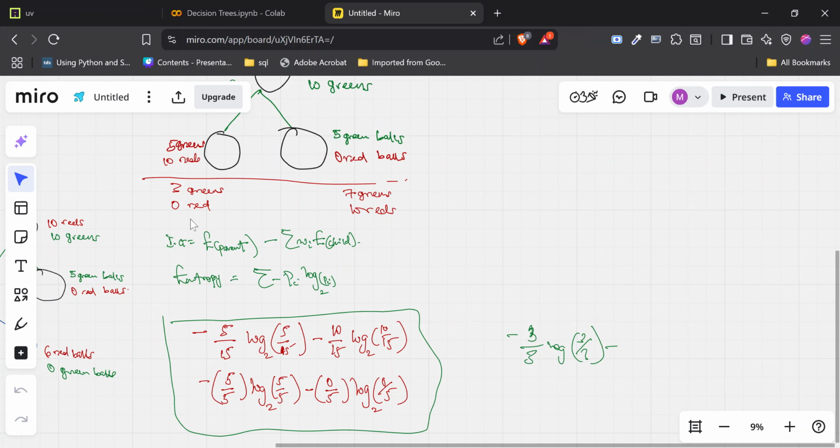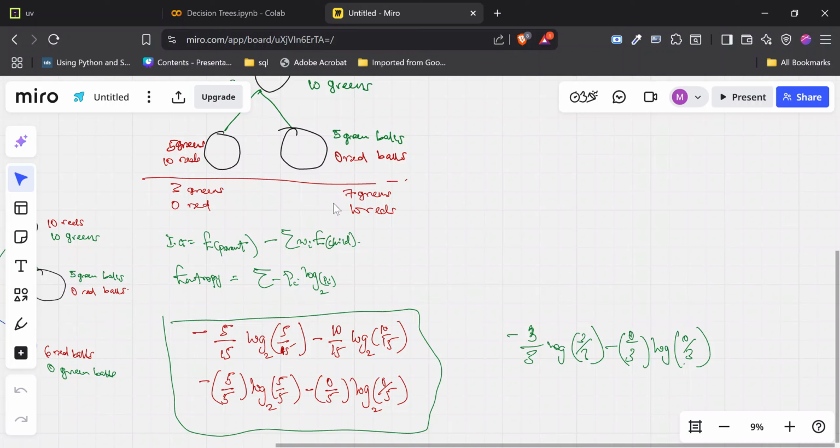The red here is going to be 0. So negative 0 over 3 log 0 over 3, which is going to be something like 0 also.